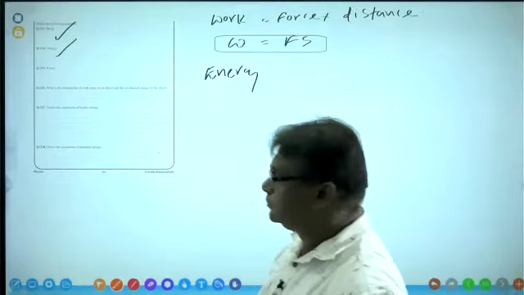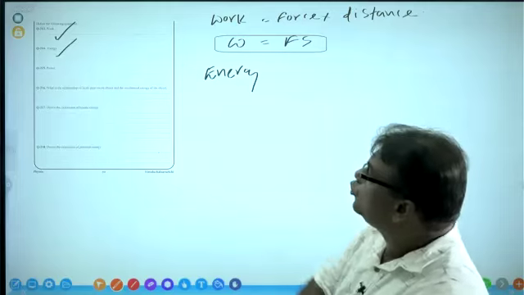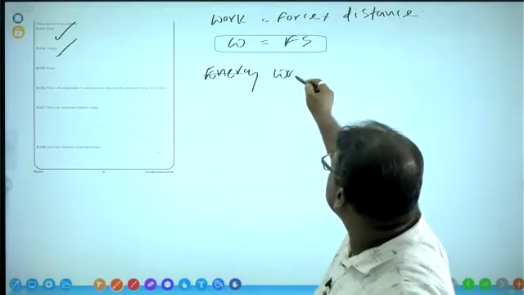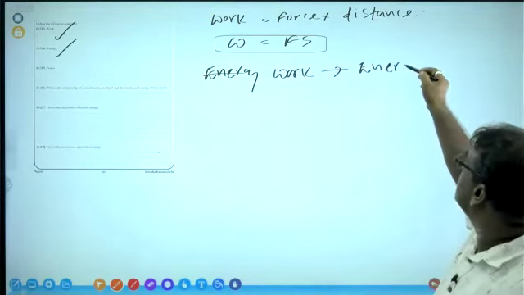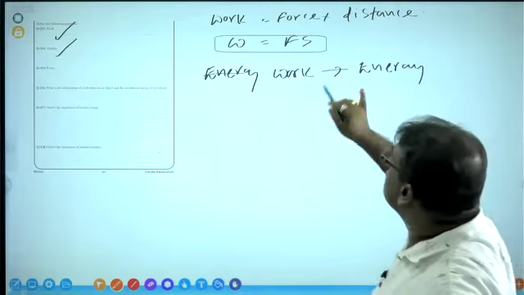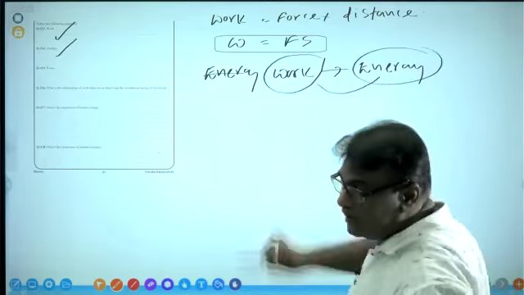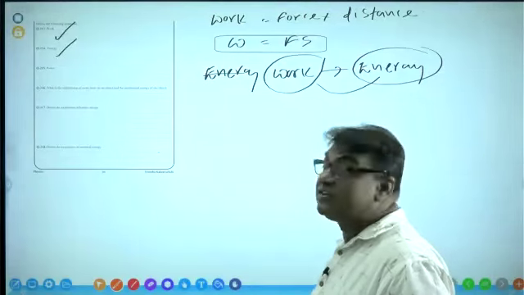These two clear. Basically, work will be converted to energy. In the syllabus, we are considering work done converted to mechanical energy, right?